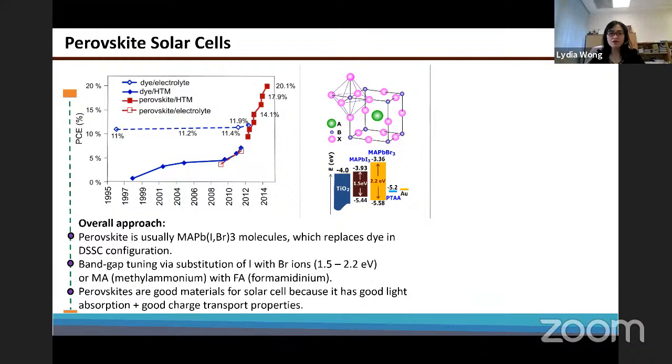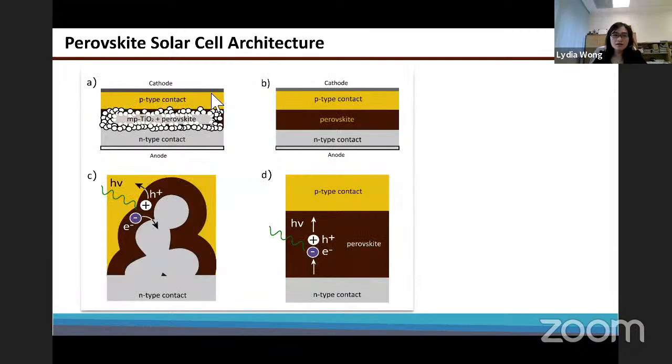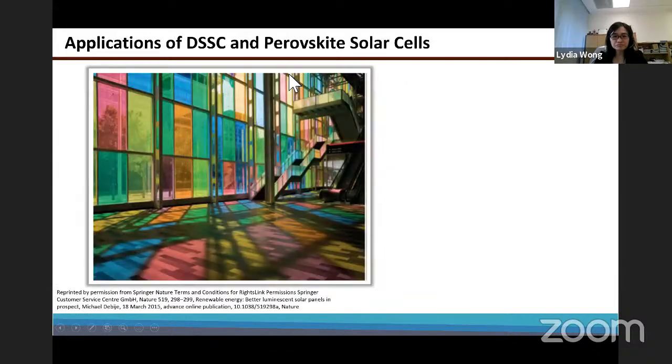Because of this, a lot of research interest in this area. So this is how organic perovskite solar cell looks like. Okay, I will not go into details. And both dye-sensitized solar cell and perovskite can be used also as semi-transparent windows.